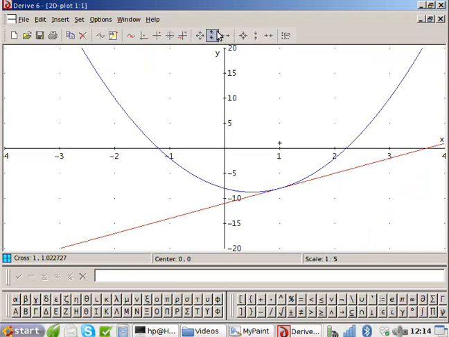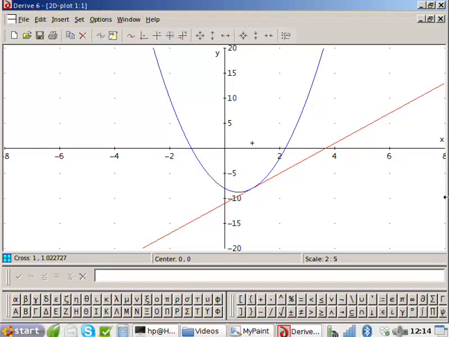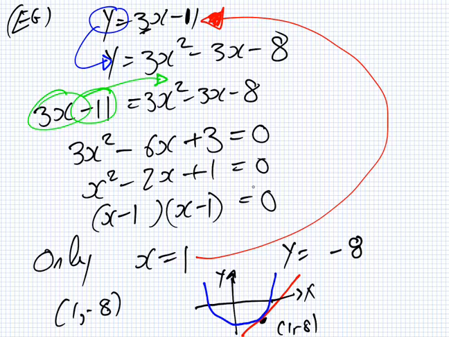So at least I know that the line will look something like this. And here is the point 1, minus 8. Now the quadratic only touches here once. So when you draw it, just make sure that it just about touches here just once. So this is roughly what the graph looks like.